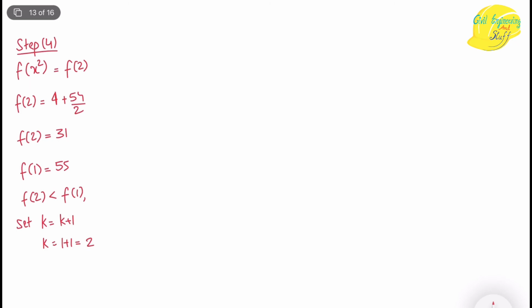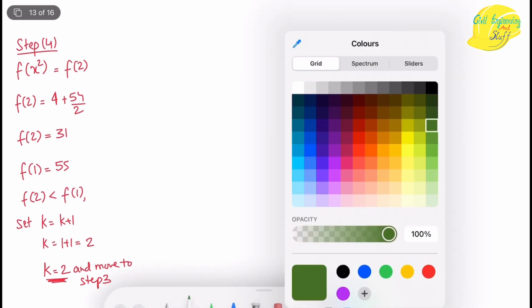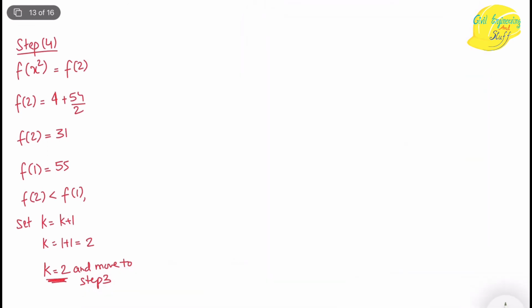We have set the new value of k, that is 2, and move to step 3. All right, so now we are moving to step 3.